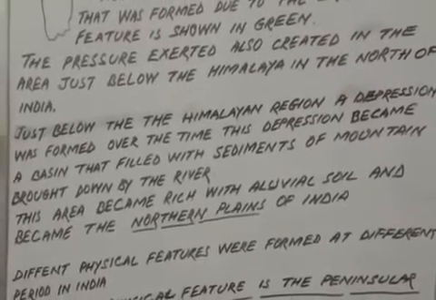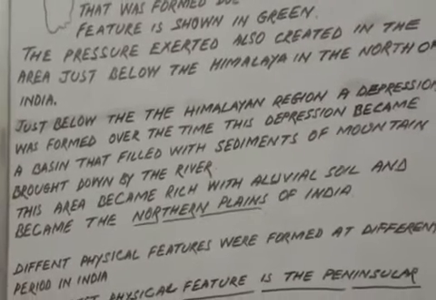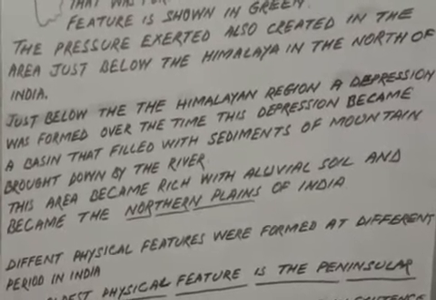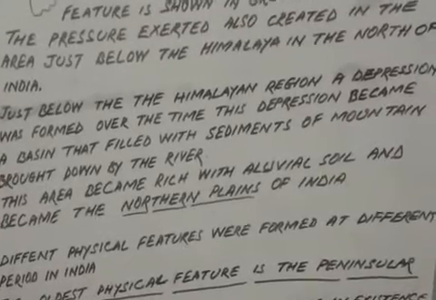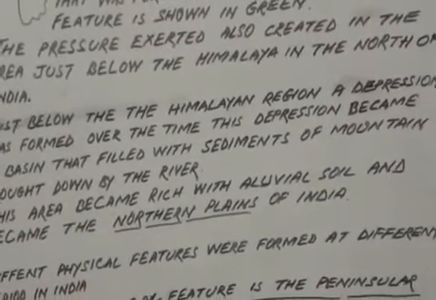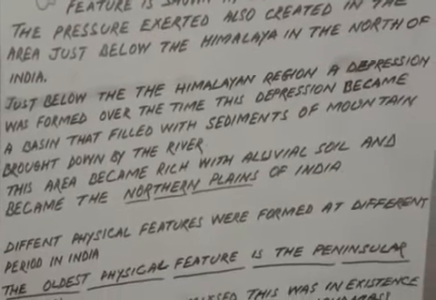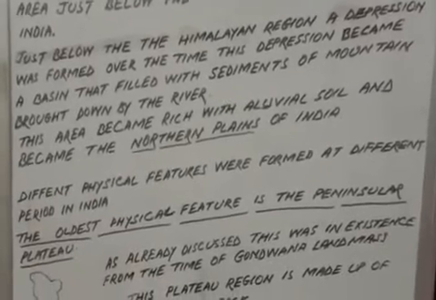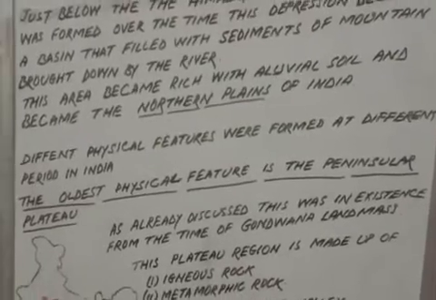These sediments filled up this depression. This area became rich with alluvial soil, and due to the deposition of alluvial soil and other sediments, it became known as the northern plain of India, and we will discuss this northern plain later on.